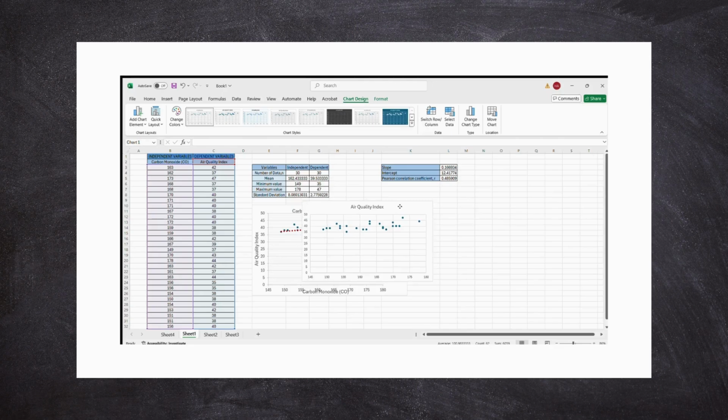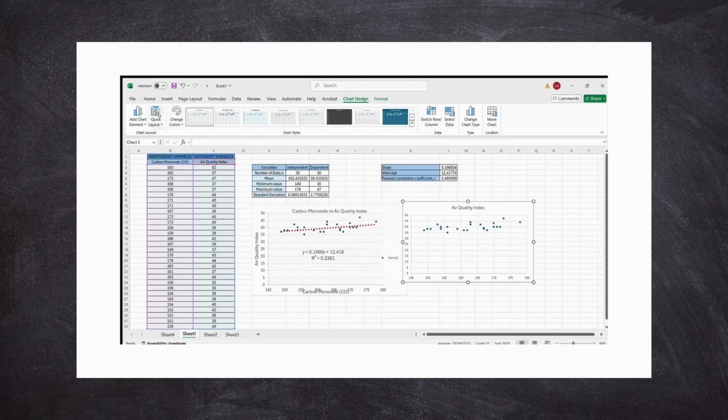So it will count and plot the data in that graph, and this is the graph I attached here for the data.